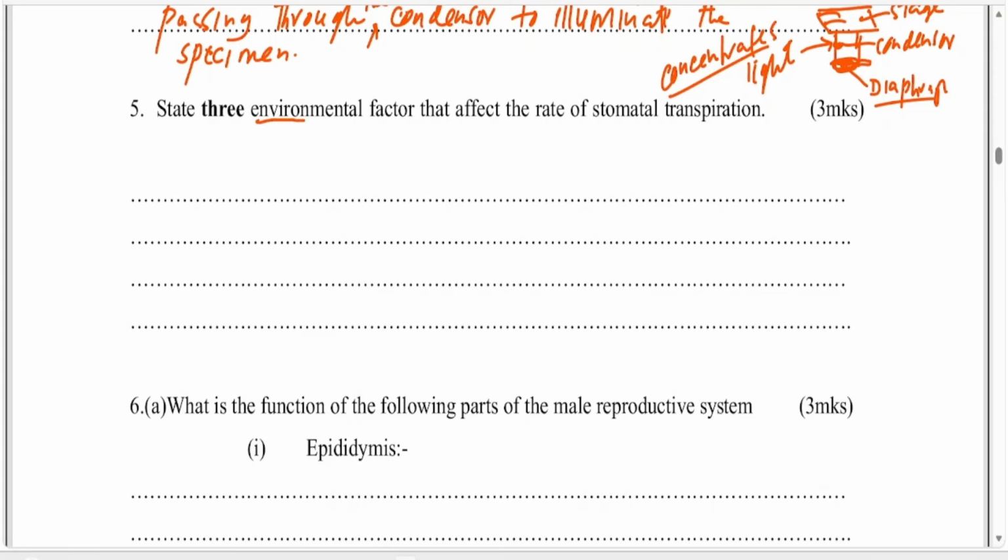So there is need that we underline the key term here. Those factors that are from the environment that affect the rate of stomatal transpiration. So, what are some of these environmental factors? There are several. We are only told to state 3. So we can talk of light intensity. Light intensity is one of the factors. We can also talk of temperature.